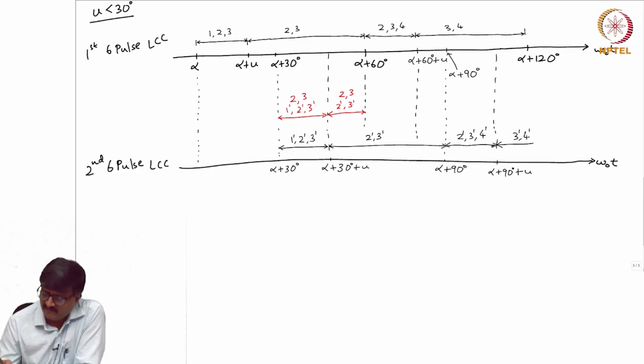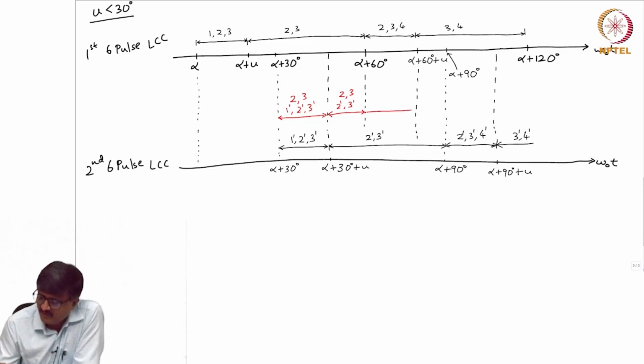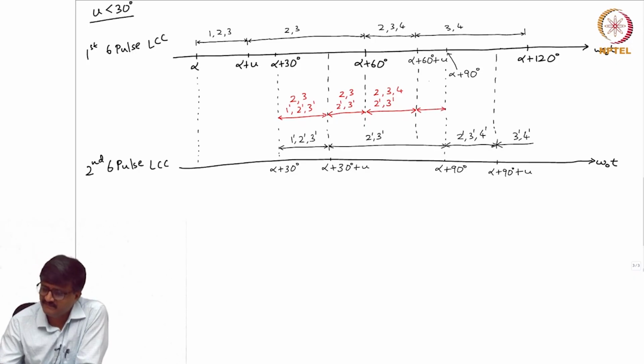Then if I take alpha plus 60 to alpha plus 60 plus u, 2, 3, 4, 2 prime, 3 prime. Then alpha plus 60 plus u to alpha plus 90 degrees, it is 3, 4, 2 prime, 3 prime, 4 prime.